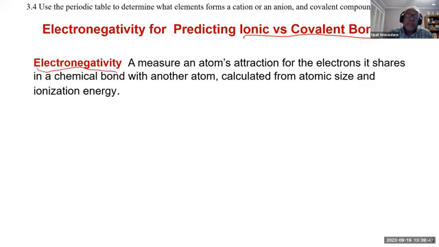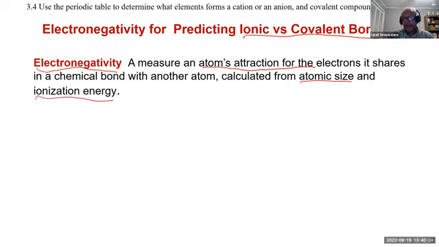It has been used to predict whether two atoms will make a bond between two elements, whether bonding is going to be ionic or covalent. Electronegativity is a number which represents the attraction of electrons in the valence shell. Attraction of valence shell electrons is related to ionization.